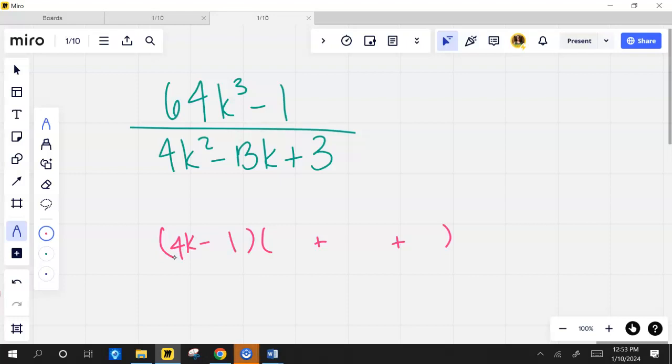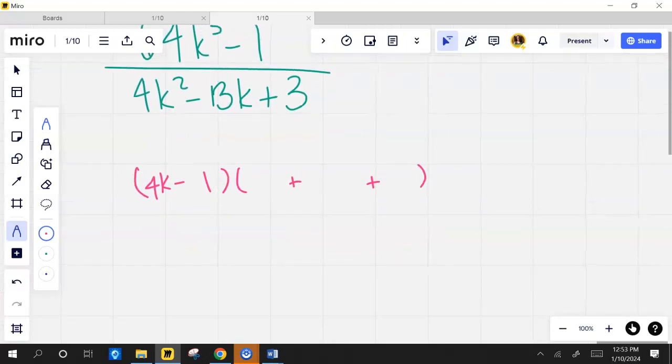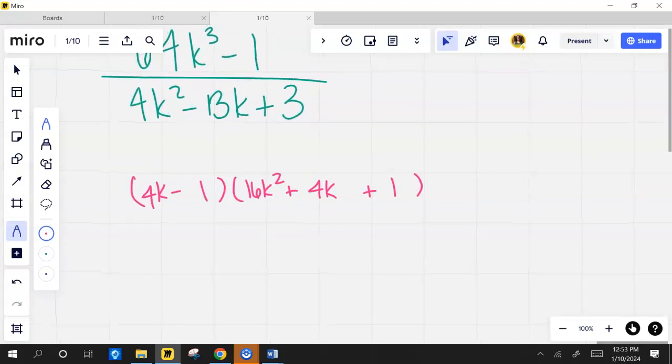How about the second parenthesis? Multiply them together. 4K, and then the last one squared. 1. Same change plus.